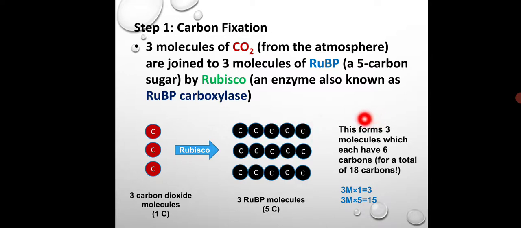This is the first RuBP, this is the second, and this is the third RuBP. So we have 3 molecules of RuBP.